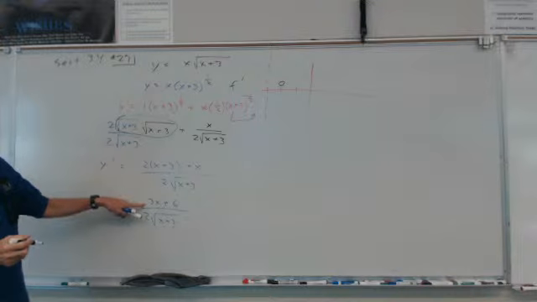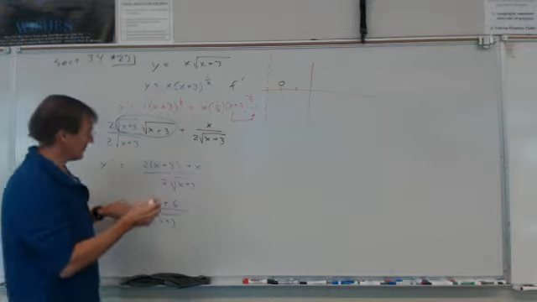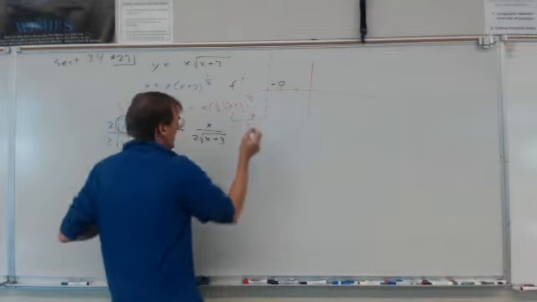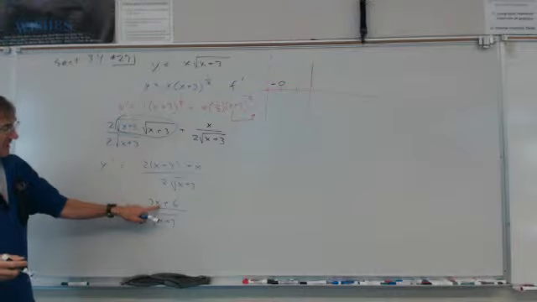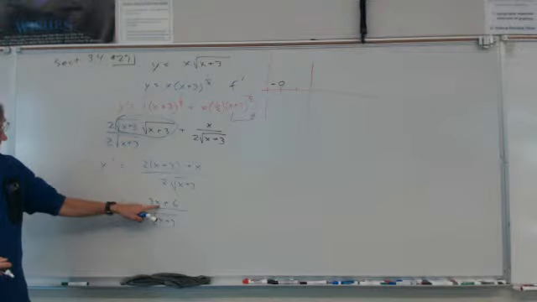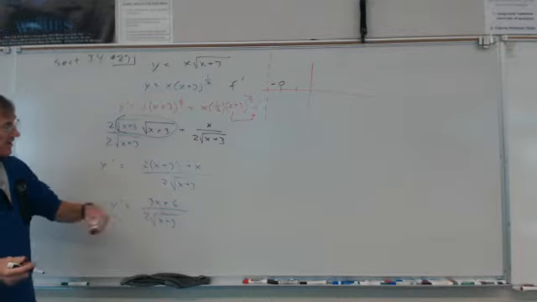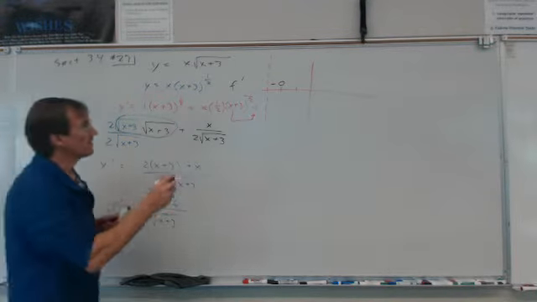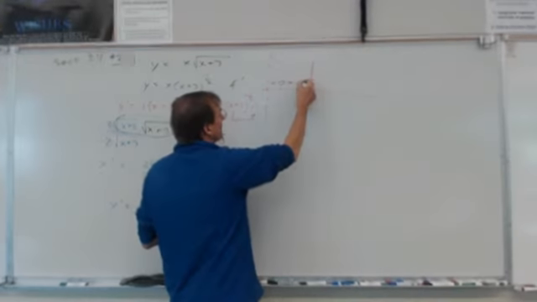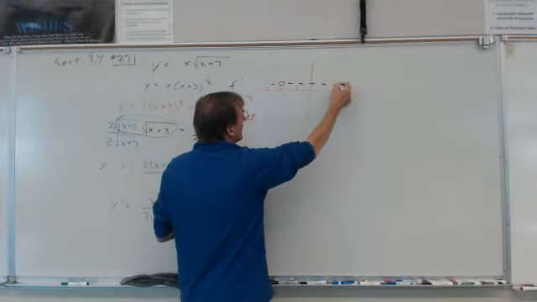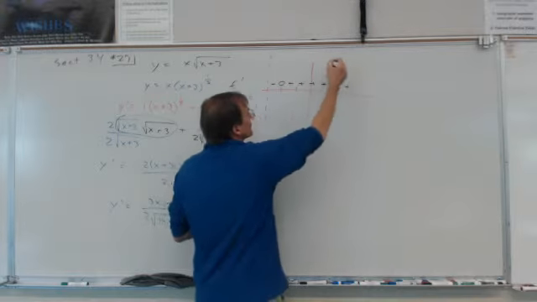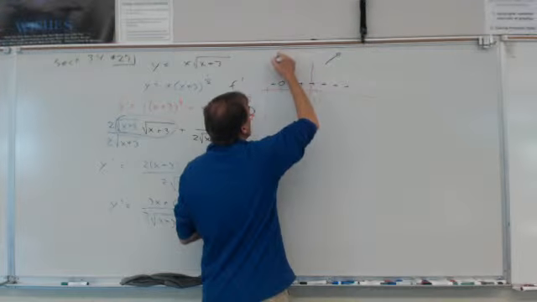If I make it more negative than that, like -2.5 or something like that, it's going to be negative. And if x is greater than -2, this is going to be positive. So first derivative is going down to the left, and going up over here.